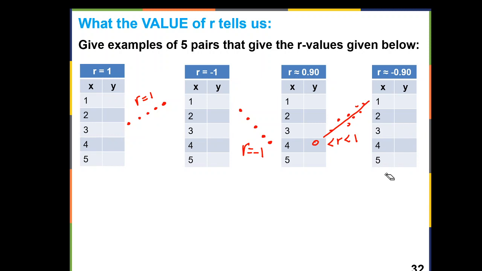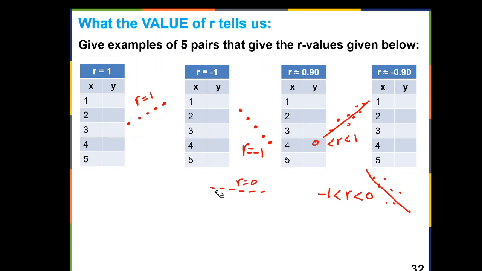Now, if you have a bunch of points not exactly on a line, but with a negative slope like that, then R is, of course, not going to be -1. It's going to be greater than -1, but less than 0, closer to -1 than to 0. And of course, if you have a horizontal line like that, R equals 0.